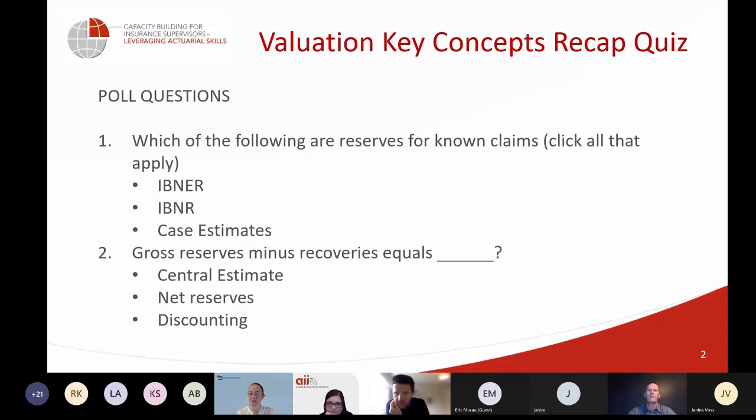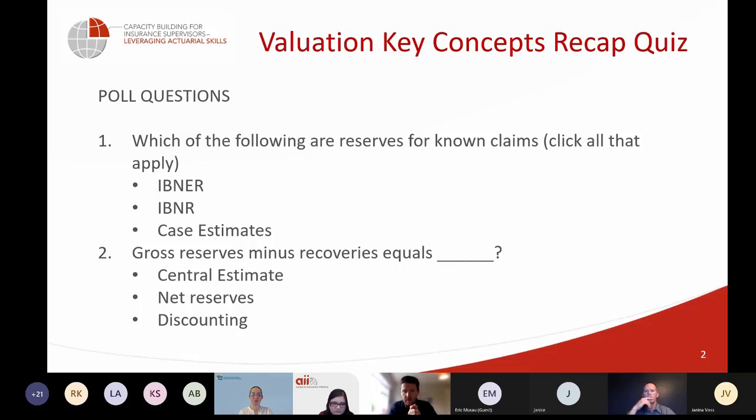And 13% said central estimate. Okay, so for those who picked central estimate, that is basically the terminology to describe what an actuary has as their estimate for reserves, and it's meant to be neither too high nor too low. It's meant to be in the midpoint of the range of possible estimates.